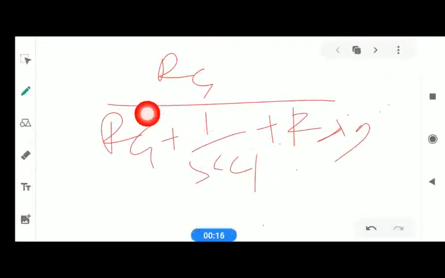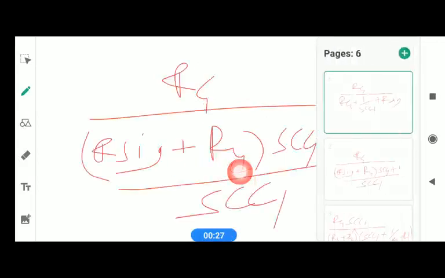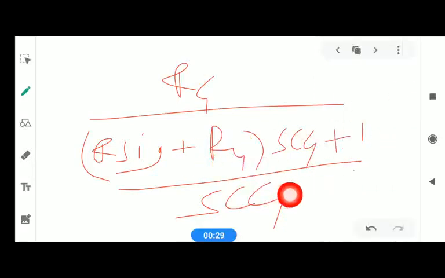You can see clearly RG divided by RG plus 1 by S CC1 plus R signal is given. Here we are taking S CC1 as the LCM. If you take S CC1 as the LCM, you will get R signal plus RG multiplied by S CC1, plus 1 divided by S CC1.